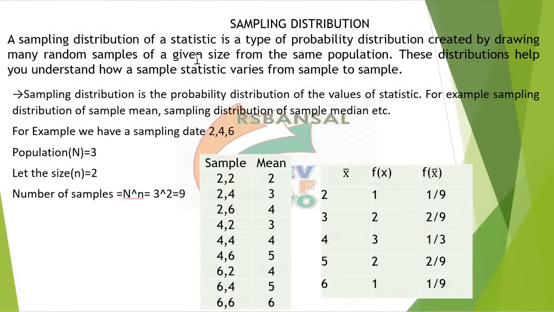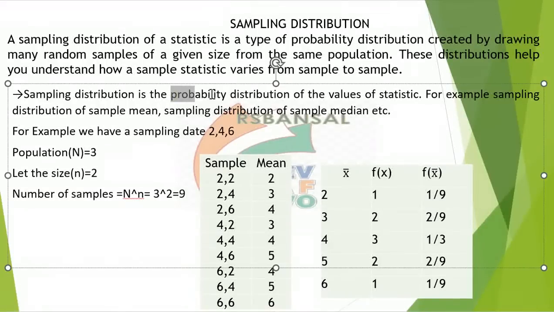A sampling distribution of a statistic is a type of probability distribution created by drawing many random samples of a given size from the same population. These distributions help you understand how a sample statistic varies from sample to sample. So sampling distribution is basically the probability distribution of values of a statistic.